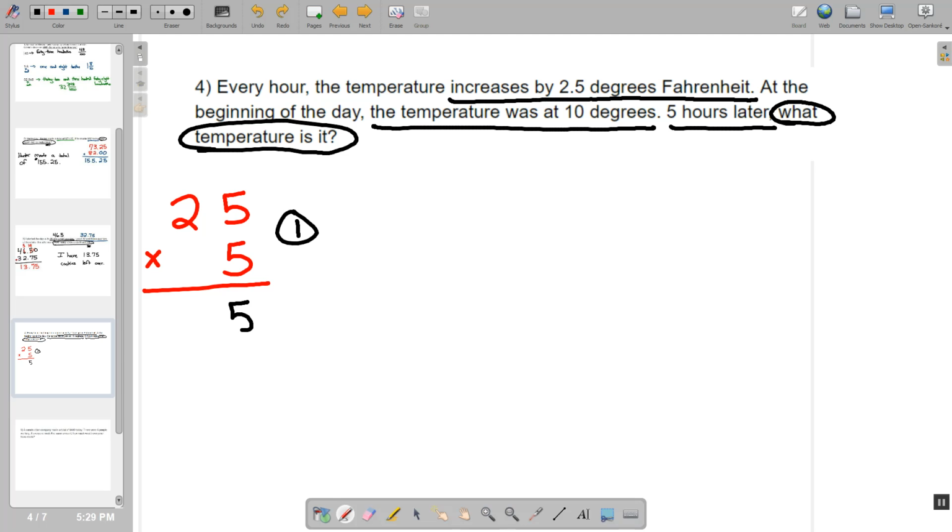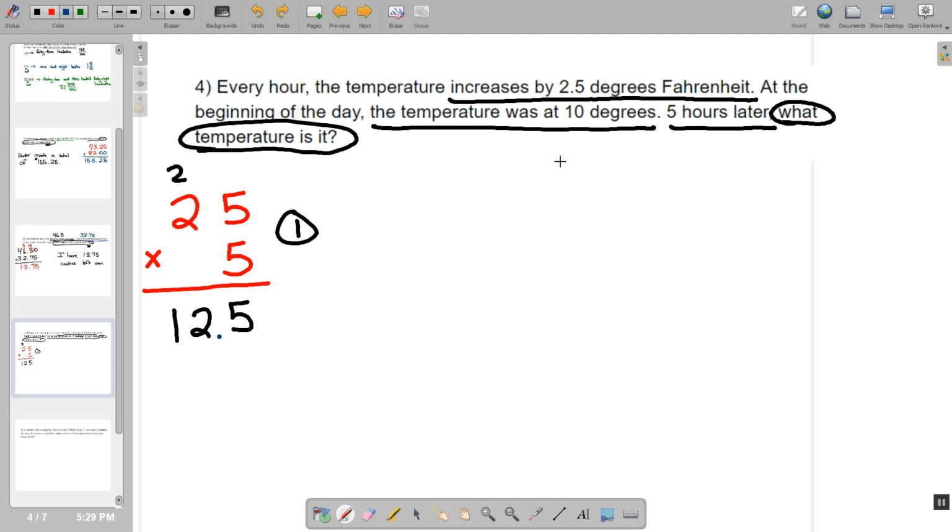And now we multiply just like we would normally multiply. And then we reinsert the number of digits behind the decimal point, which means the decimal has to be here, or 12.5. So that means the temperature increased 12.5 degrees after 5 hours.